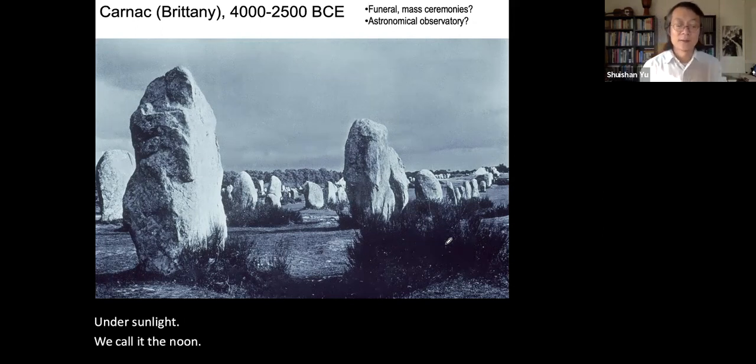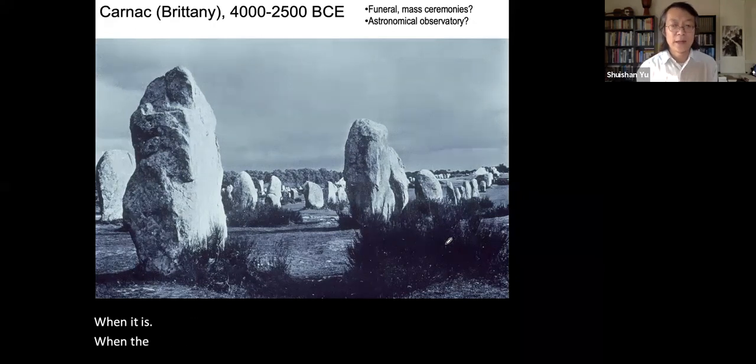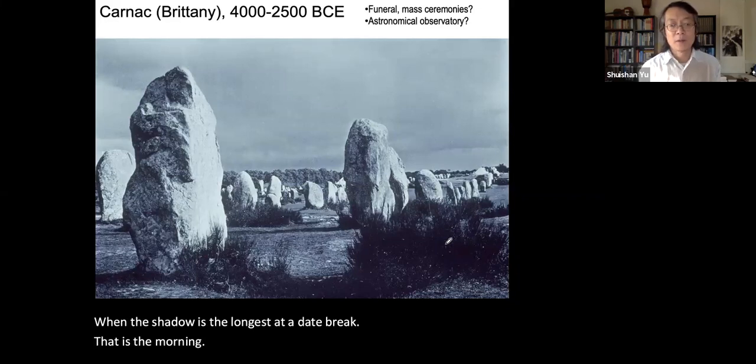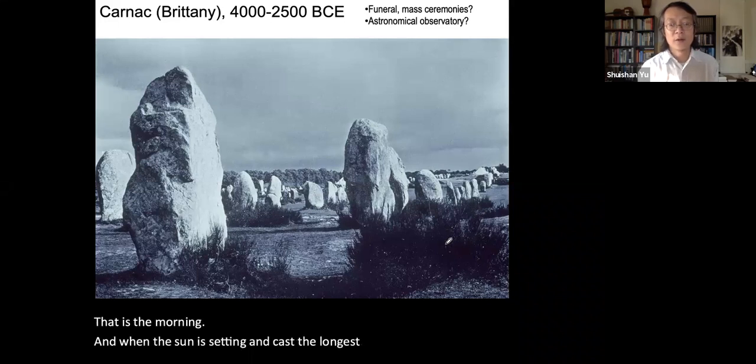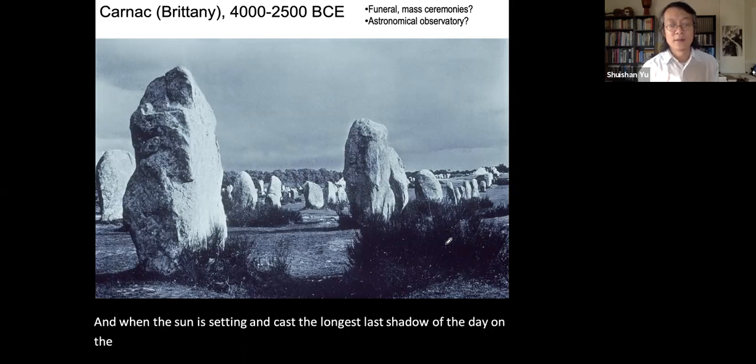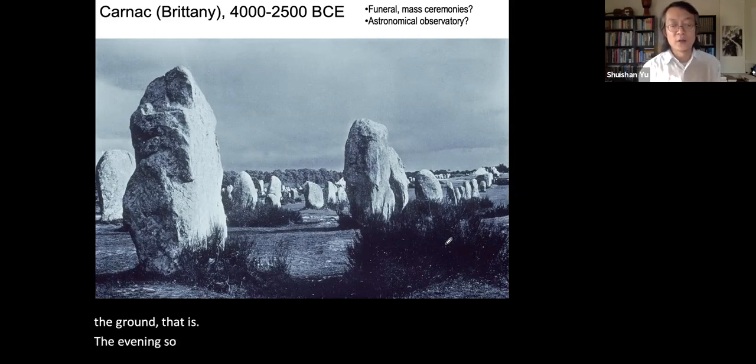When the shadow is the longest at daybreak, that is the morning. And when the sun is setting and casts the longest last shadow of the day on the ground, that is the evening. So by observing the shadow, you have a good sense of time passing.